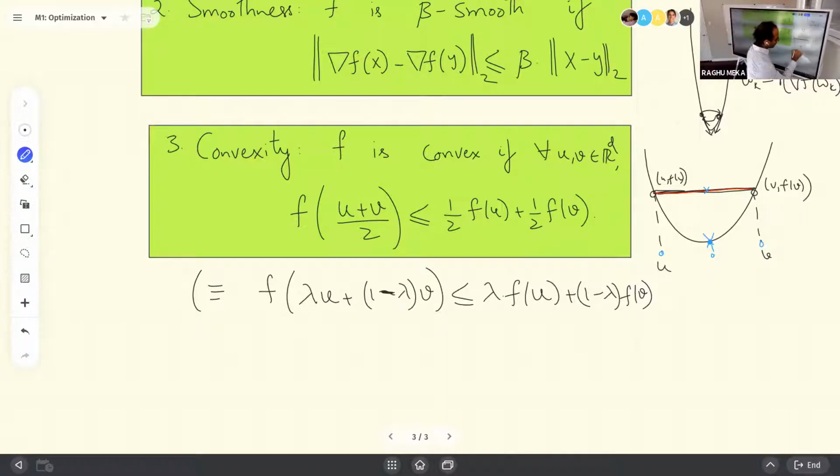But if I take something which is maybe 0.1 toward u and 0.9 away from v, the same inequality holds with the scaling. Does this make sense? So pictorially it's just saying that the chord is always above the curve in between. Any questions?